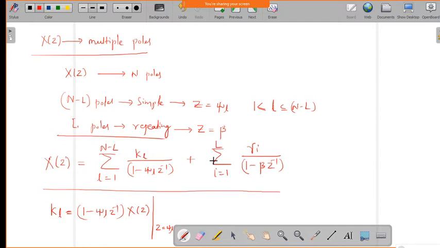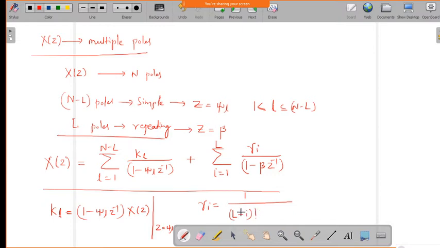Similarly, if you want to evaluate gamma i, it can be expressed as 1 over l minus i factorial.